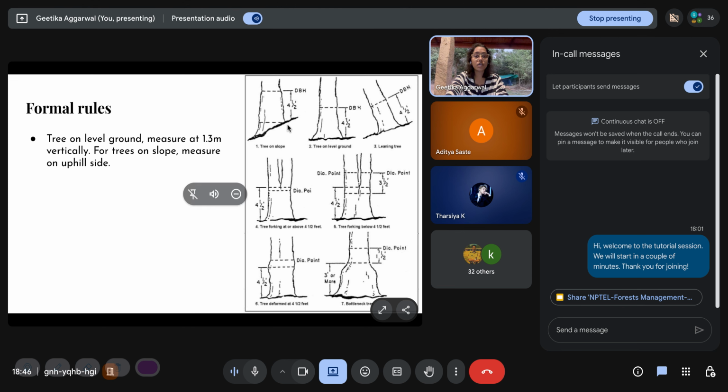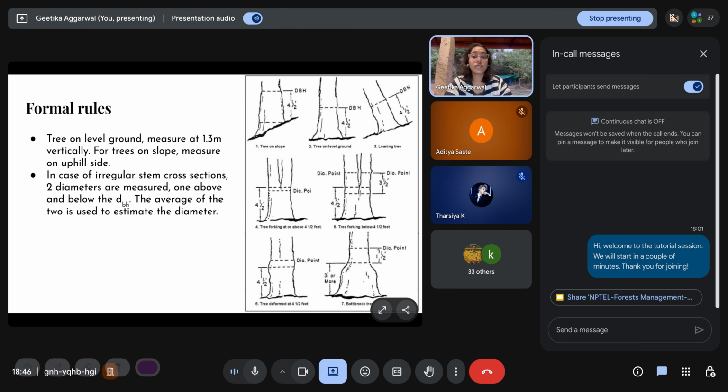So you should measure DBH from this point to get a more accurate reading, because if you do it from here, you might get a thicker, incorrect DBH. And I don't know how unsafe it might be to measure from downhill. I think that should not matter.